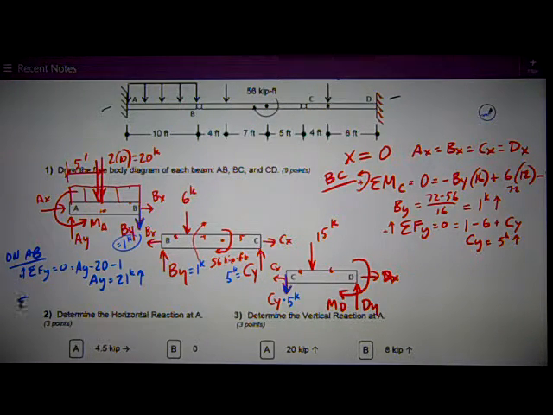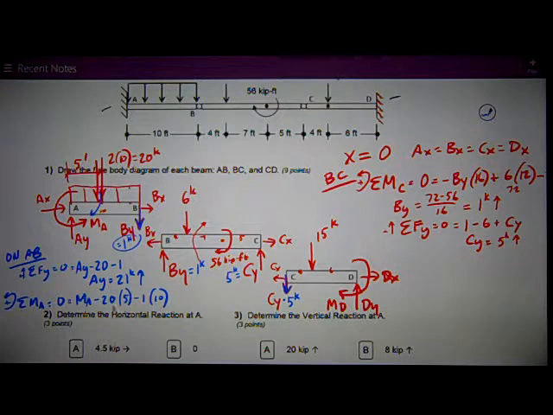And I can sum moments about point A. Counterclockwise for this calculation is positive. I've got MA minus 20 times, minus for the rotation, because 20 is trying to rotate clockwise about point A, minus 1 times 10, this BY, times that 10-foot distance.